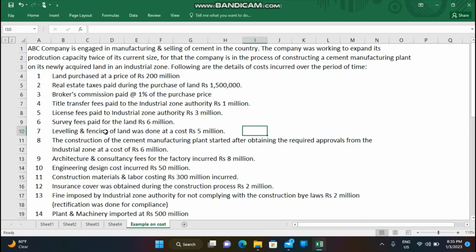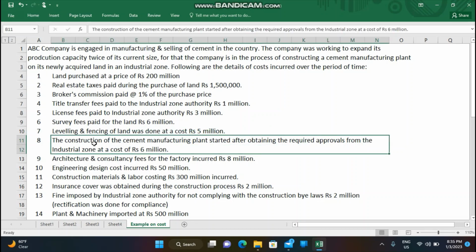So this leveling and fencing will also be included in the cost of land. So we'll include this 5 million in the cost of land. From the next item, it seems that construction activity has been started on this land.